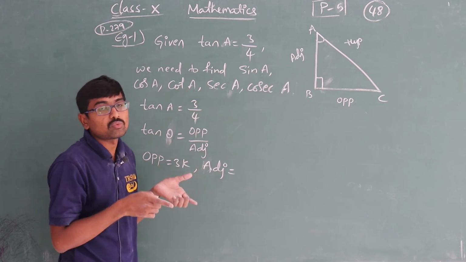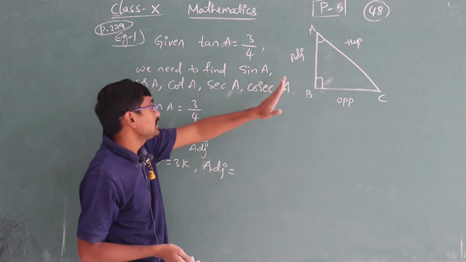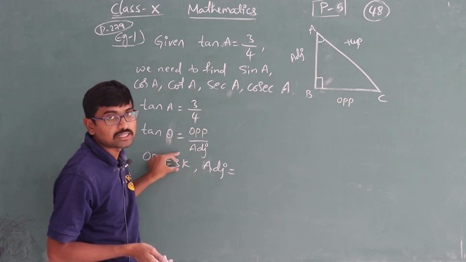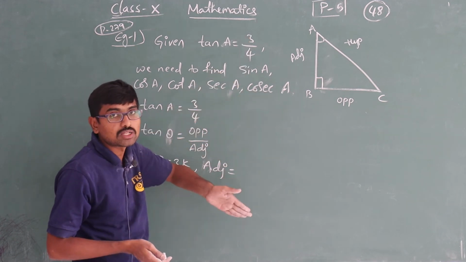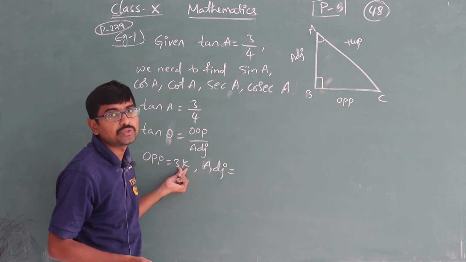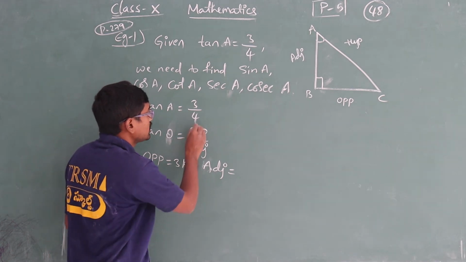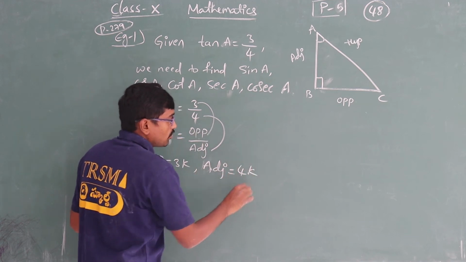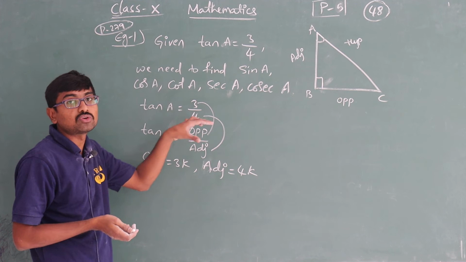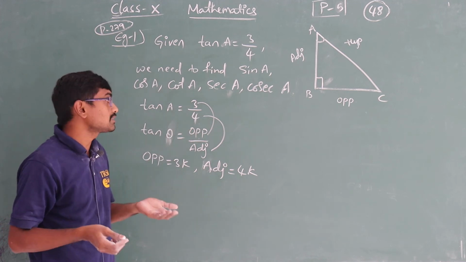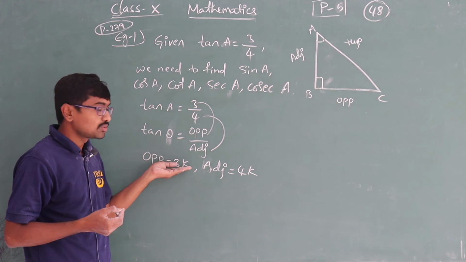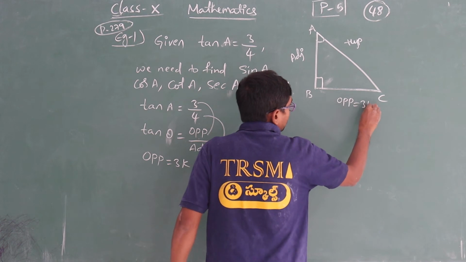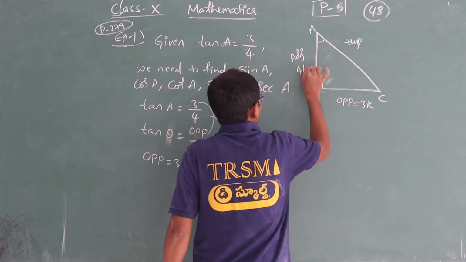As we don't know the exact value of the sides, and he has given a ratio, we take 3 times k and 4 times k, where k is a constant value. So opposite is 3k and adjacent is 4k.